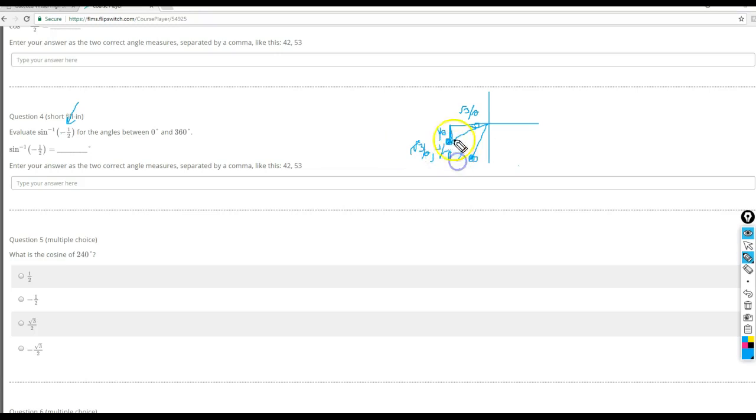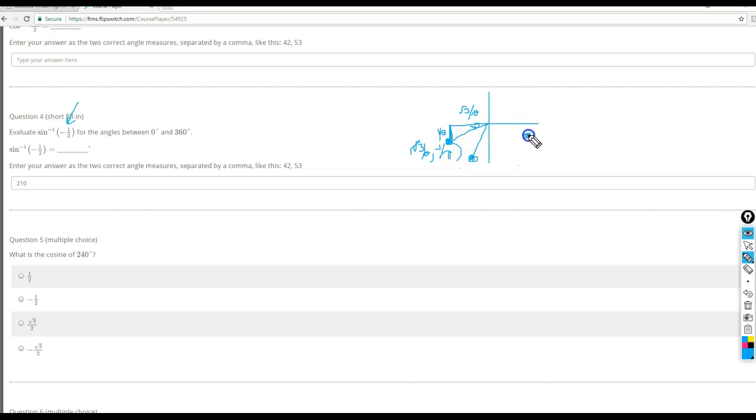So inverse functions are asking for the angle at which this ratio occurs. So the ratio at which it's negative 1/2 for sine happens at 210 degrees. And since there's two quadrants where sine is negative, there's going to be two angles. I'm going to reflect it, since I know this is a distance and reflections preserve distances.